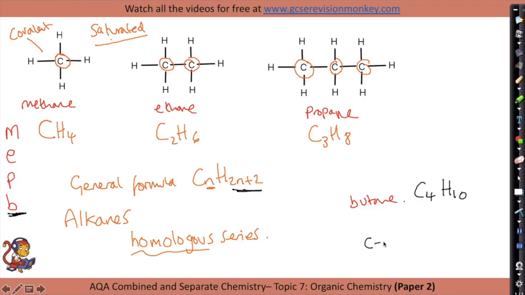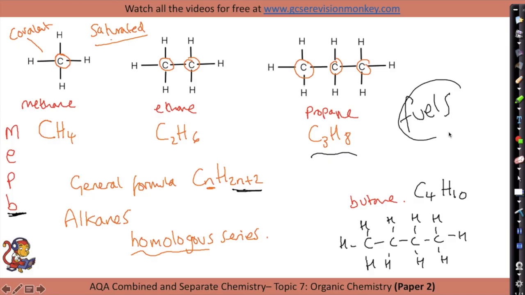We can then draw that with our carbons here with single bonds, and then around that, fully saturated, we would have hydrogens. Make sure that all of these are drawn in capitals, because whenever you write elements you write them as capital letters. All of these alkanes you may have to draw, you may have to write their formulas, and you also need to know that they are useful fuels.